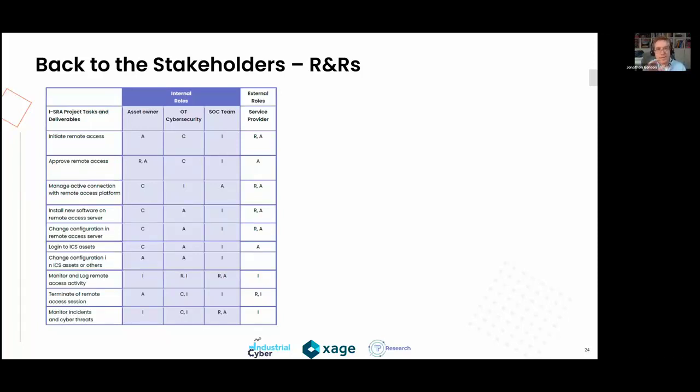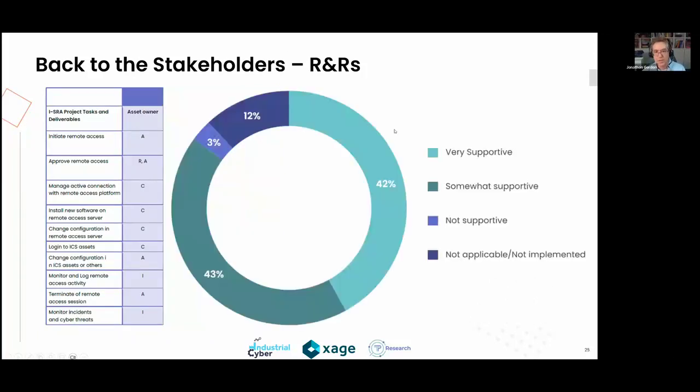It highlights who's needed from various project participants, including asset owners, the OT teams, the cybersecurity teams, the SOC teams, but also external third parties. We talked about OEMs as well. The illustration simplifies a lot of the complexities, and a real-world RACI chart would be a little more complex and in depth, but it gives you the idea of how to approach this type of project.